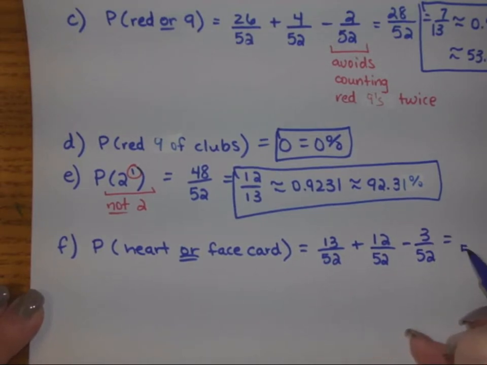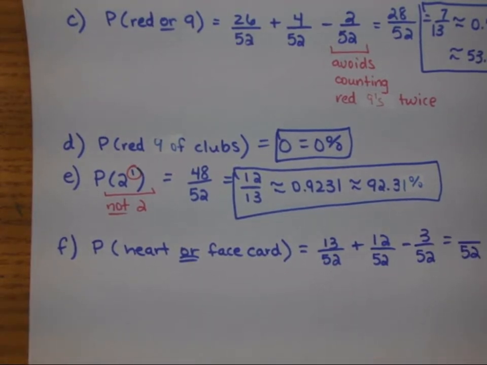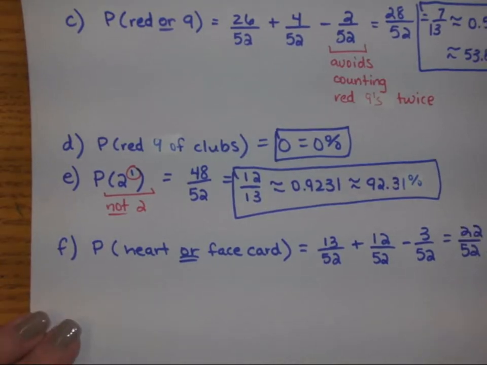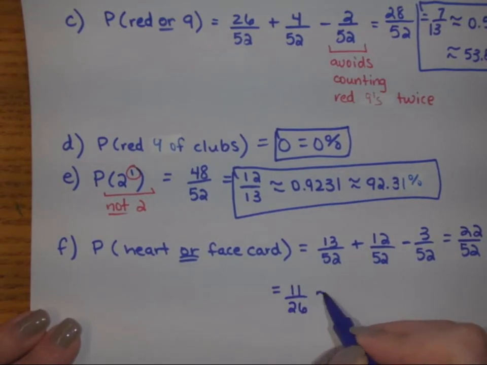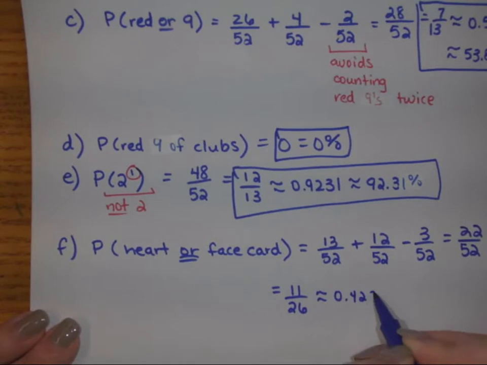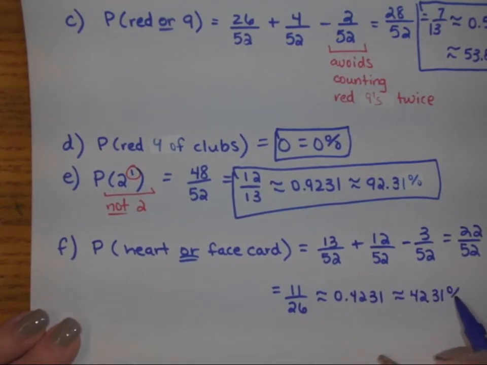So again, if you leave the denominator the same and then you add and subtract the numerators, you get 22 out of 52, which reduces to 11 out of 26. And so that would be 0.4231, or about 42.31%.